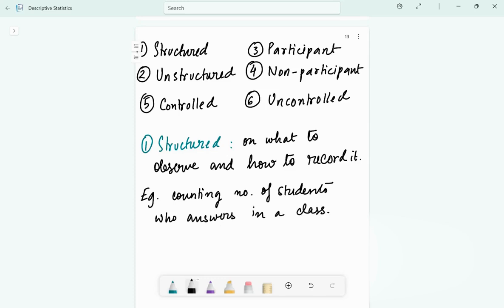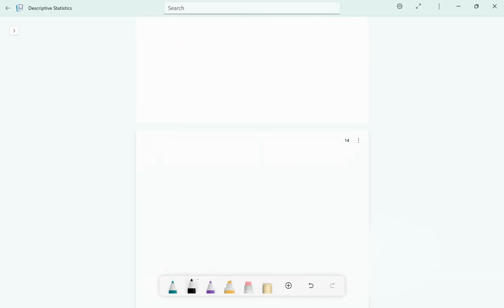Now coming to our next topic, which is unstructured. What is unstructured? It is flexible and open-ended. The observer decides what is relevant on the spot. Okay, this is important. Flexible, open-ended, and the observer decides what is relevant on the spot.